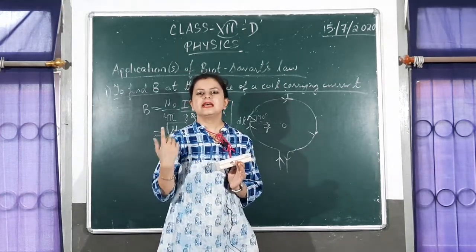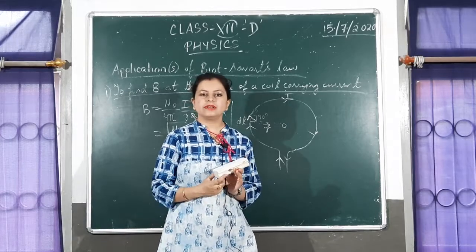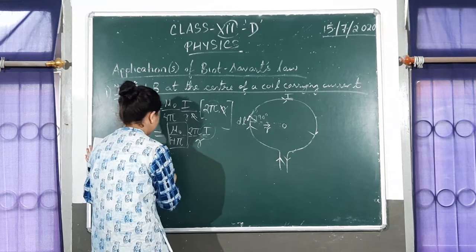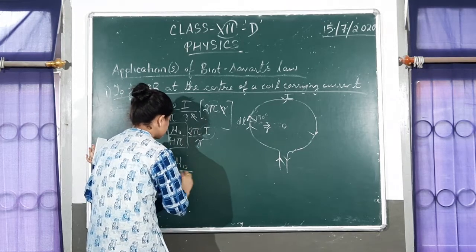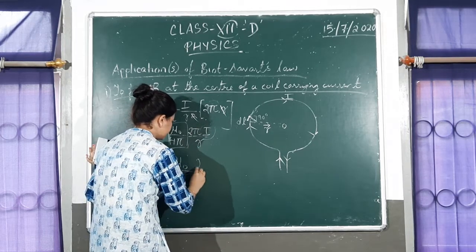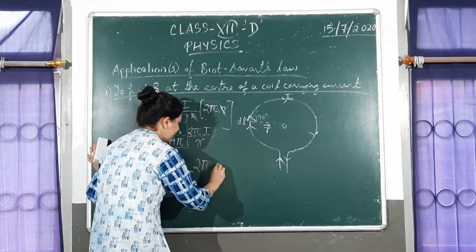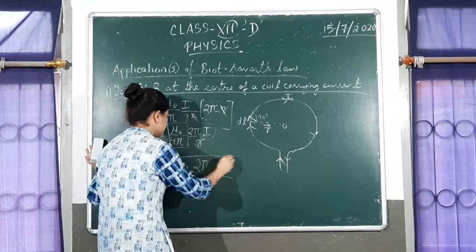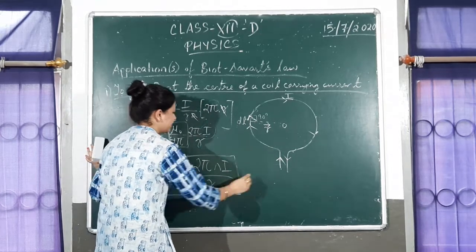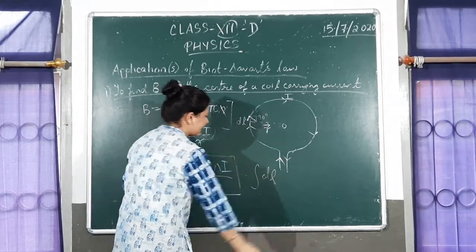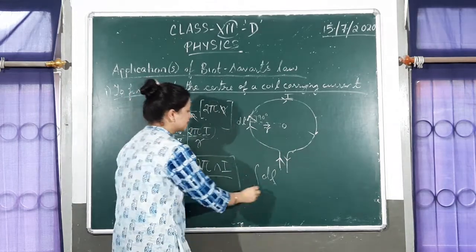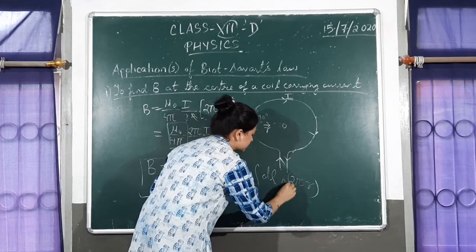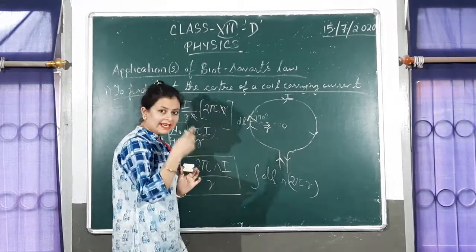If it is n number of turns, the total current will be equal to n into I. So the value of B will be mu naught by 4 pi, 2 pi nI divided by r, where n is the total number of turns of the loop, because if you integrate dl for n number of times, it will be 2 pi r, n times. The total length will not be one time, it will be n times.